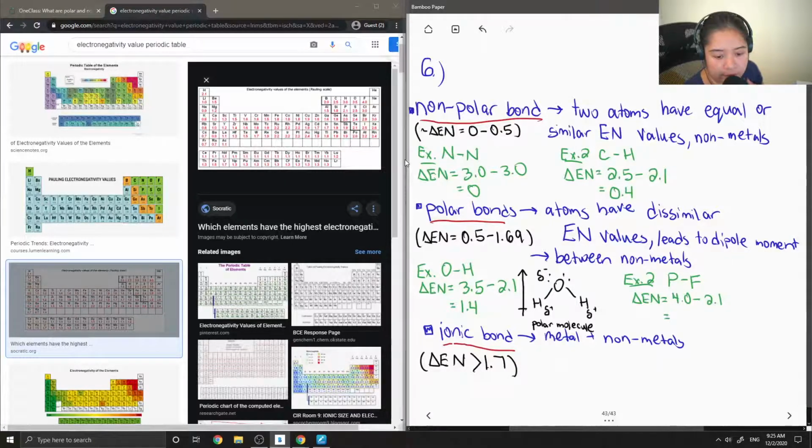So already we can see that they have a difference of around 1.9. Yep. So this is a very polar bond. So notice that it is between two nonmetals.